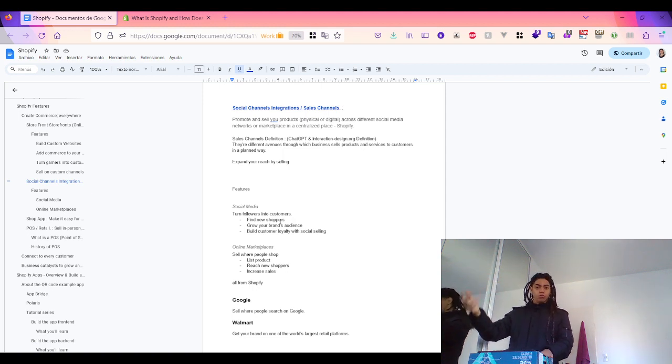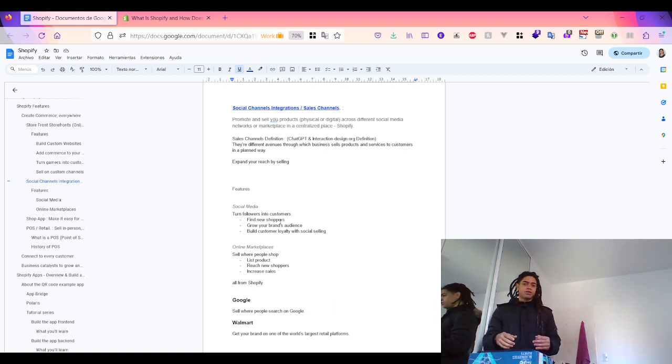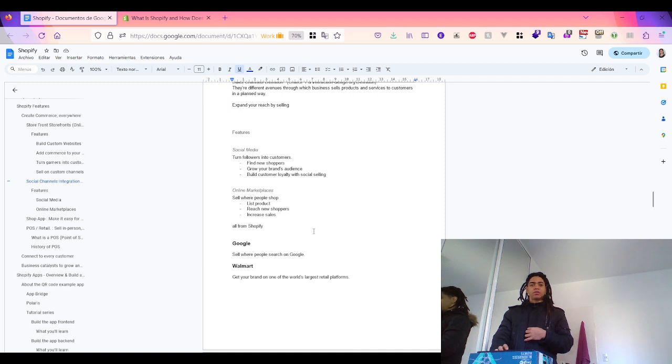for example, Walmart. Then I look at something called the Shop app, which is a digital AI assistant that makes it easy for customers to check out, track orders, and see shipping details.